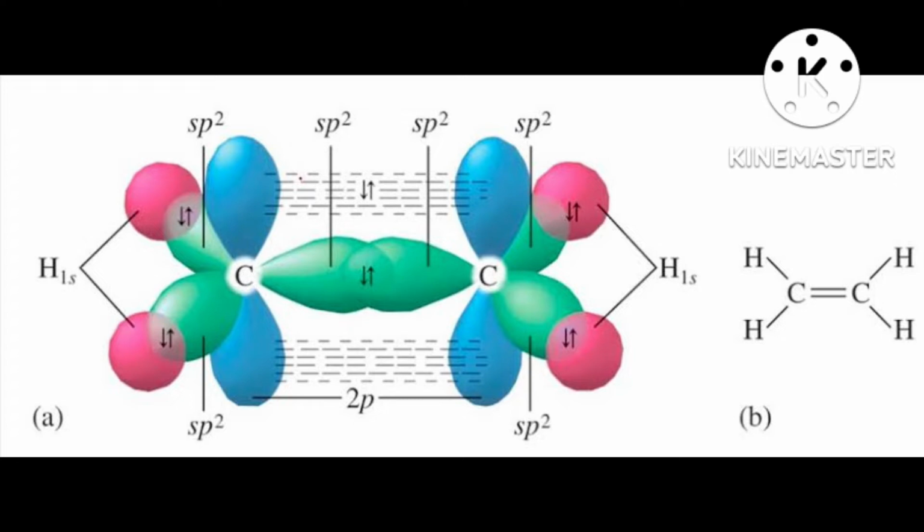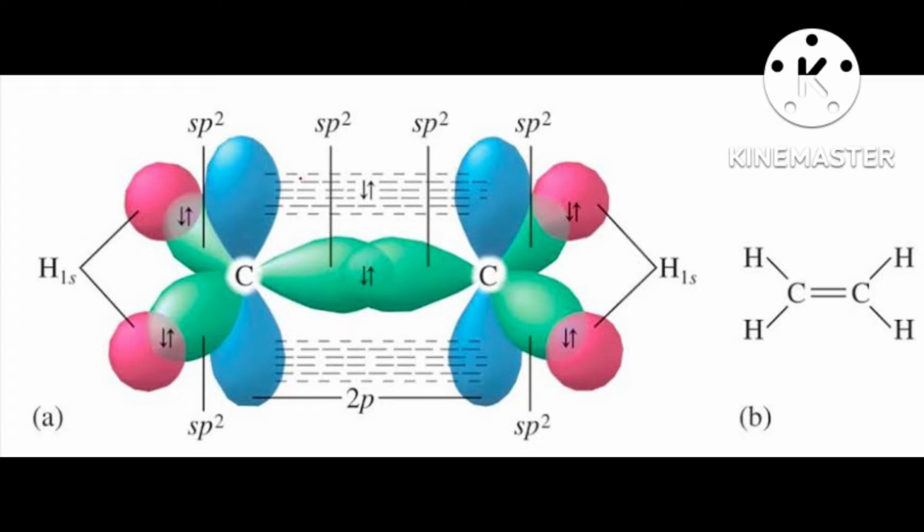Each hydrogen will overlap: one hydrogen will overlap with 2s1, another with 2px1, the third with 2py1, and the fourth with 2pz. 4 bonds will be formed due to overlapping. This is the important thing I have told you.